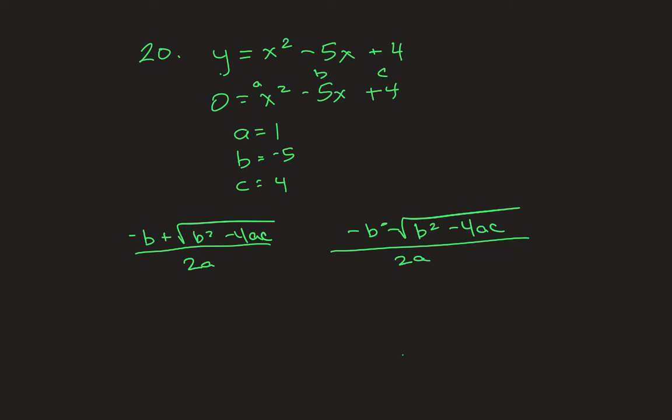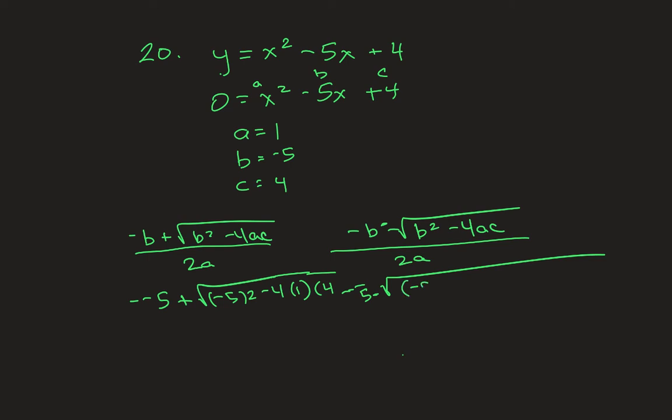So we're going to have -5 plus the square root of -5 squared minus 4 times 1 times 4. Same thing over here, except it's going to be minus 5 minus the square root of -5 squared minus 4 times 1 times 4, all over 2a.